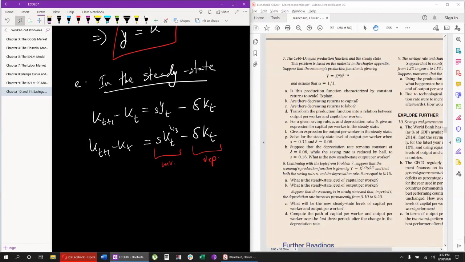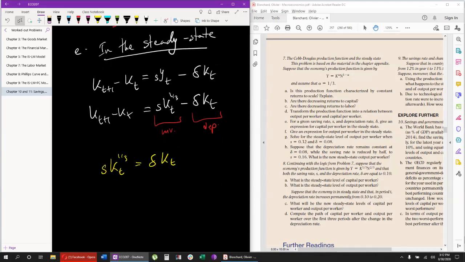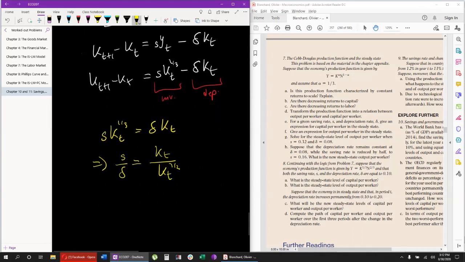At the steady state, these are equal. s k_t^{1/3} is equal to delta k_t. This is the steady state requirement. From here, if we simplify, what are we going to get? We get s by delta is equal to k_t divided by k_t^{1/3}.